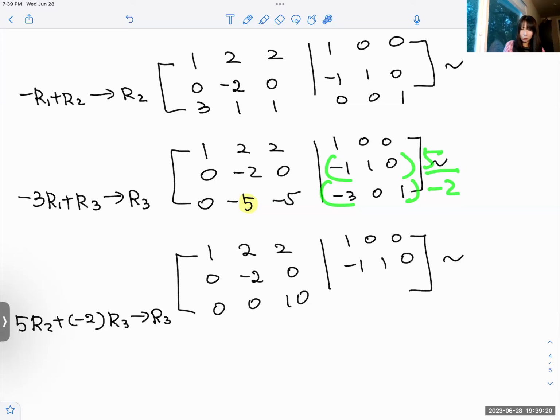So there will be 5 and then -6, +6 is the +1, and then 5 and -2, correct? 1, 5, -2.